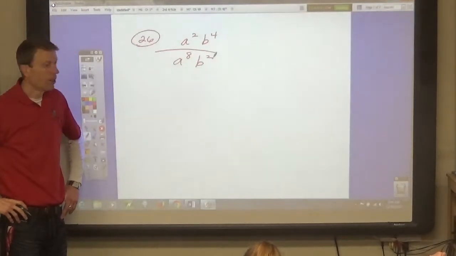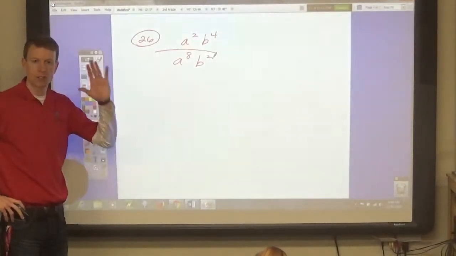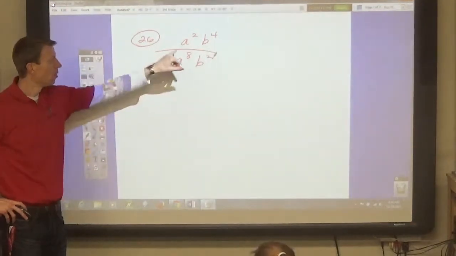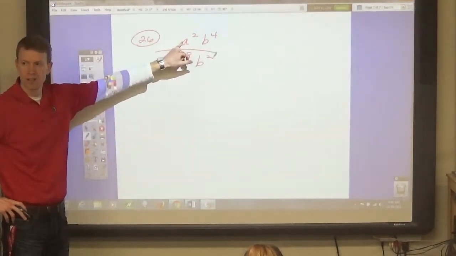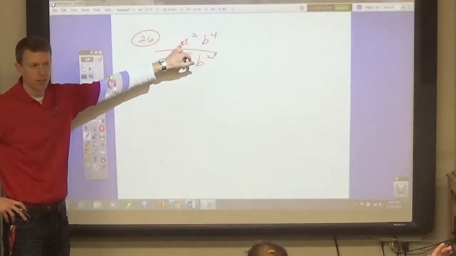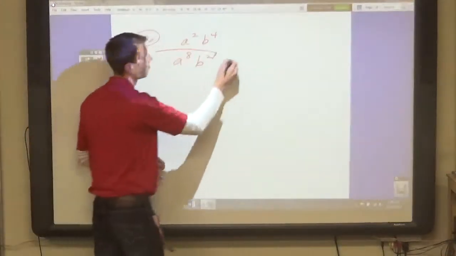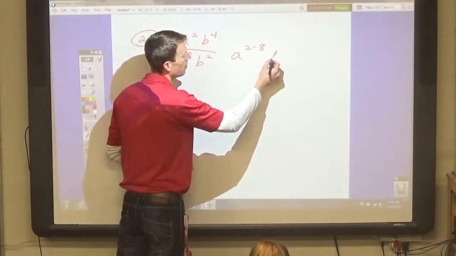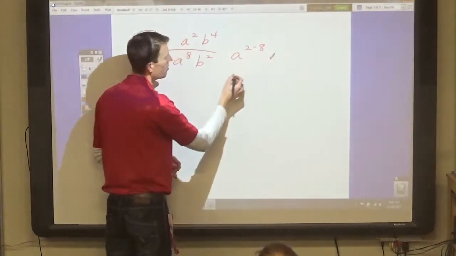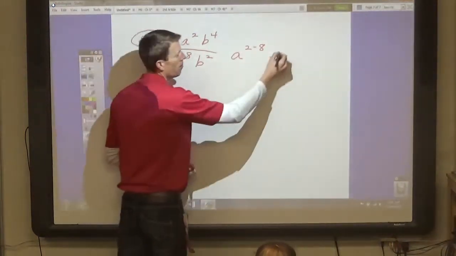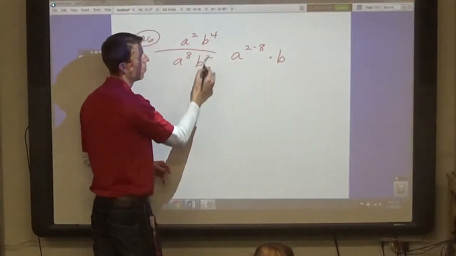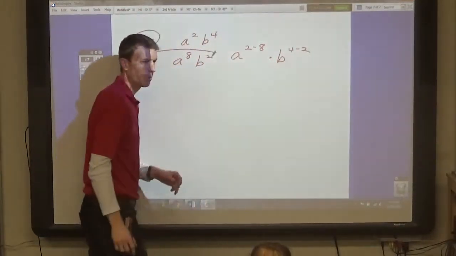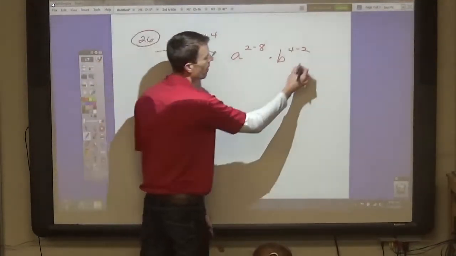So just like we've been doing, write them all but subtract the exponents. So a to the, what? Minus 8. A to the 2nd minus 8 times b to the 4th minus 2. Right. Always start with the top exponent and subtract the bottom exponent. Then simplify that.